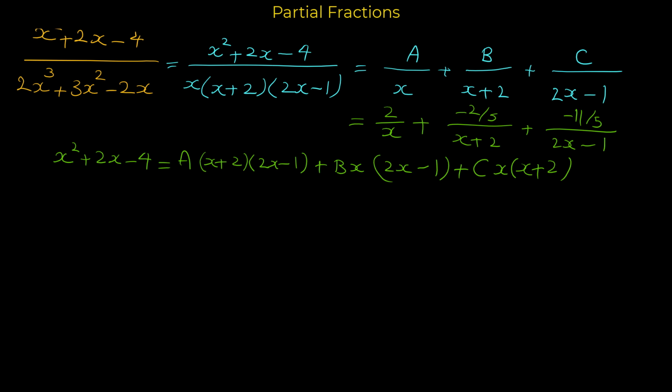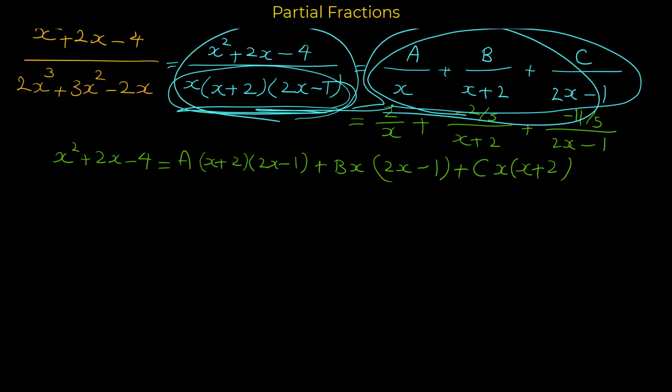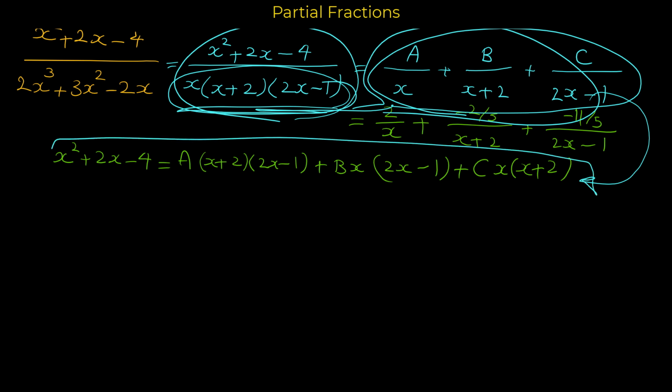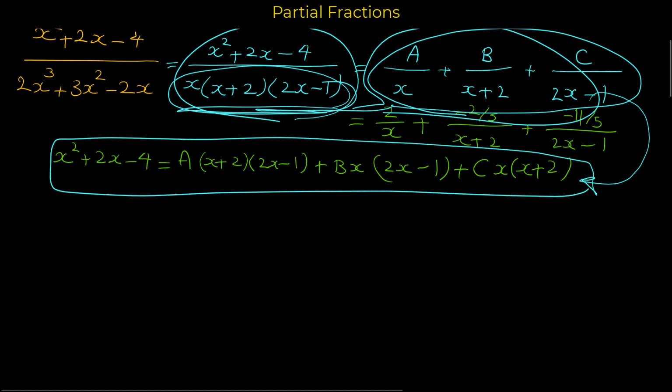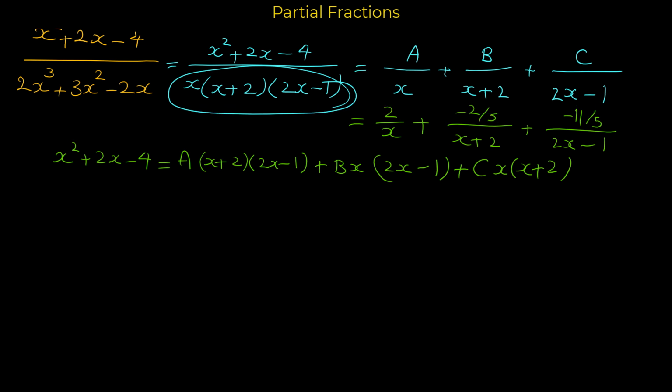Now let me show you the other method that we can use for finding ABC. When we write the partial fraction decomposition form, after we multiplied both sides of this equation by this denominator and we got this new equation without the denominator, then we can plug in some numbers for x that can help us to find ABC without solving any system of equation.